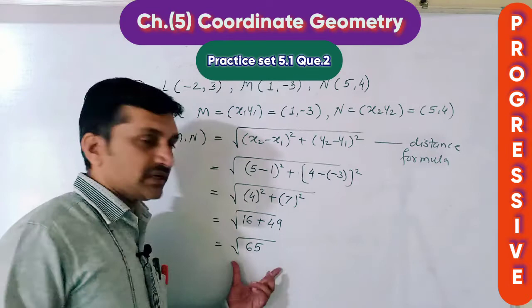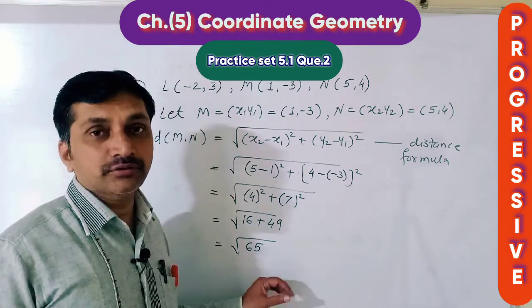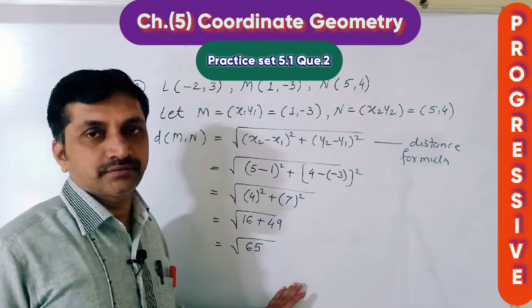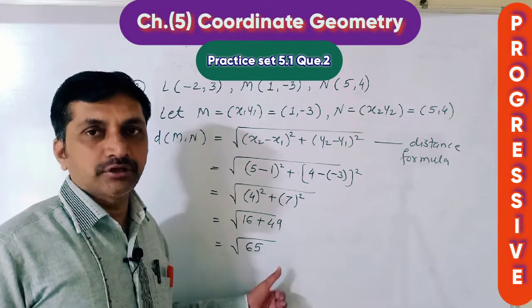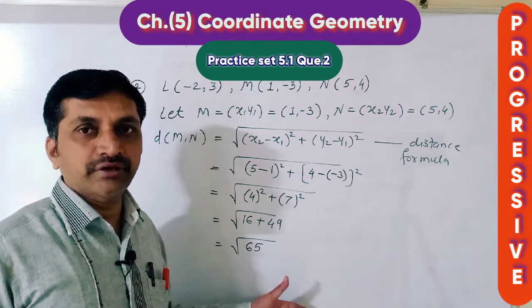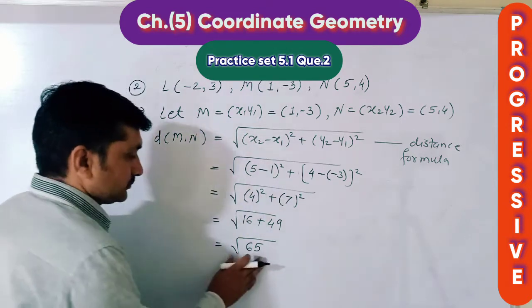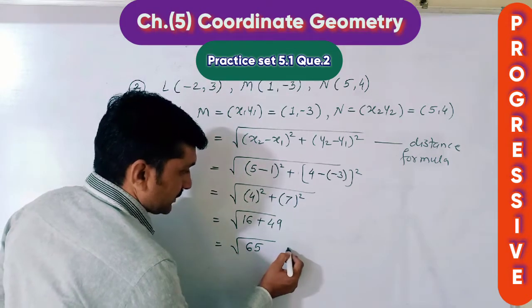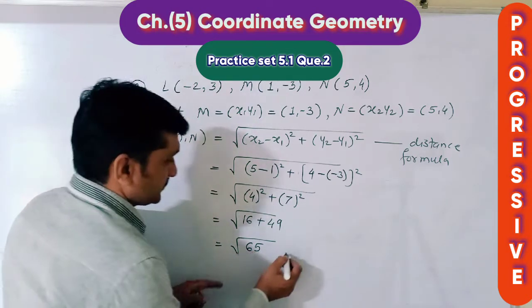Now here 65 is non-perfect and we cannot factorize this. 13 5s are 65, but 13 is also not perfect and 5 is not perfect. Therefore we cannot factorize this.